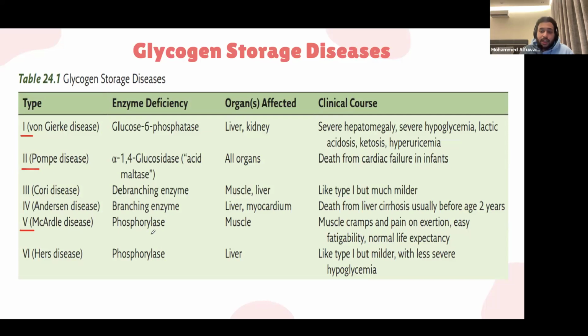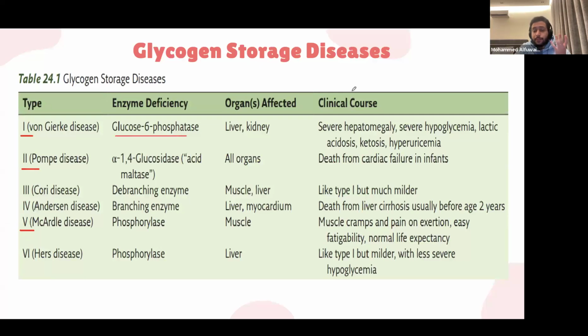Type 1 glycogen storage disease is von Gierke. It's due to a defect in an enzyme called glucose 6-phosphatase. Glucose 6-phosphatase is related to the pyruvate pathway. Okay. Now, with this enzyme defect, pyruvate will accumulate.